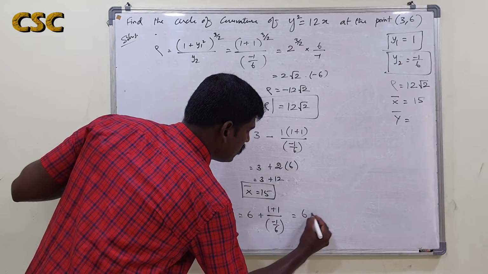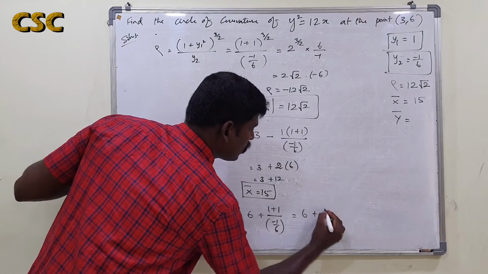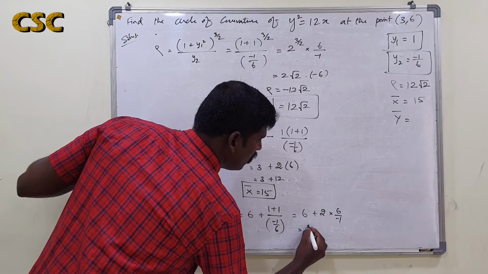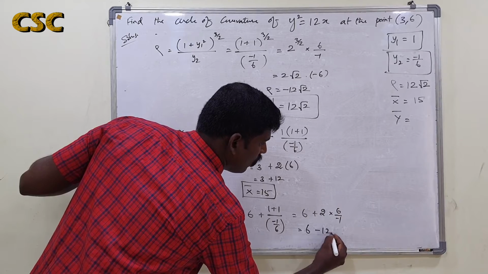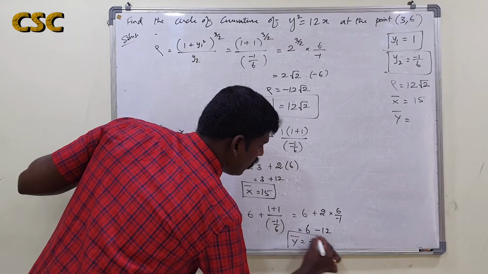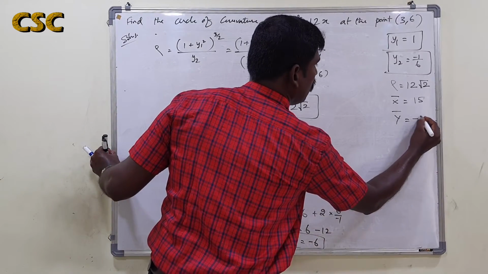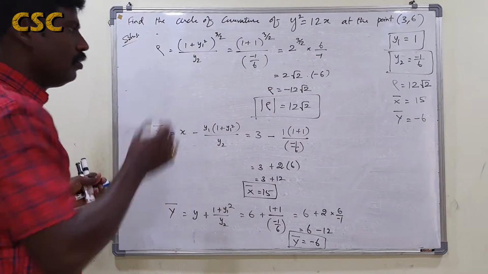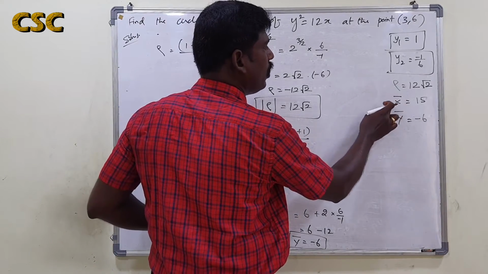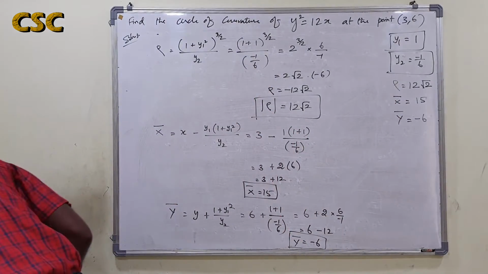This can be written as 6 plus 1 plus 1, 2 into 6 by minus 1. That is equal to 6 minus 12. That is equal to minus 6. So y bar is equal to minus 6. Right? So I found the radius of curvature rho, x bar and y bar.